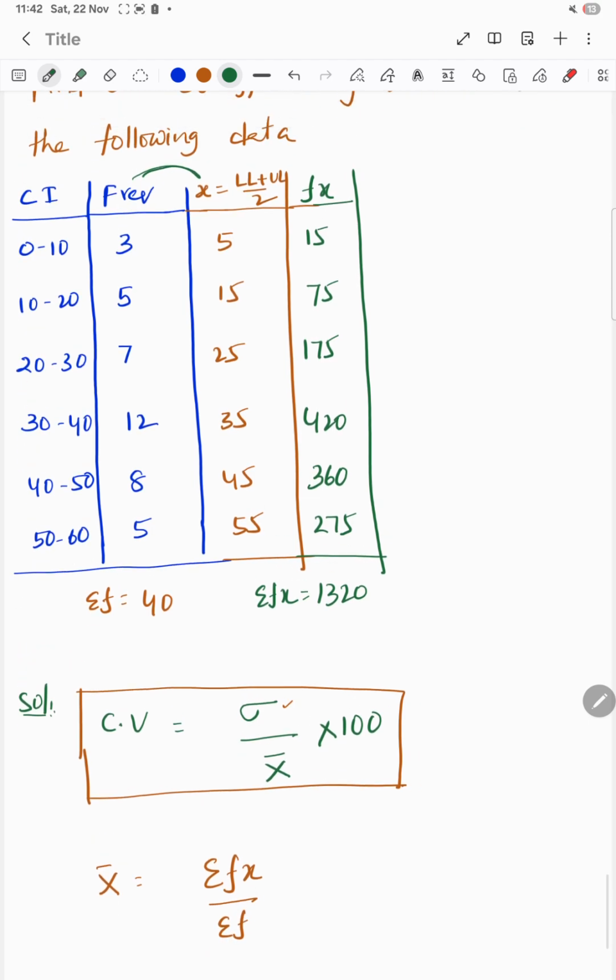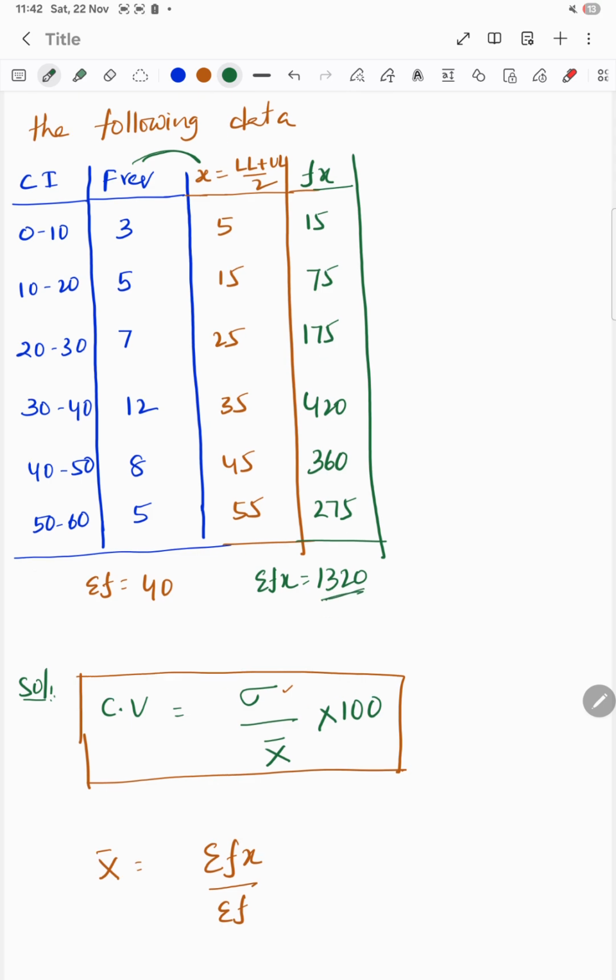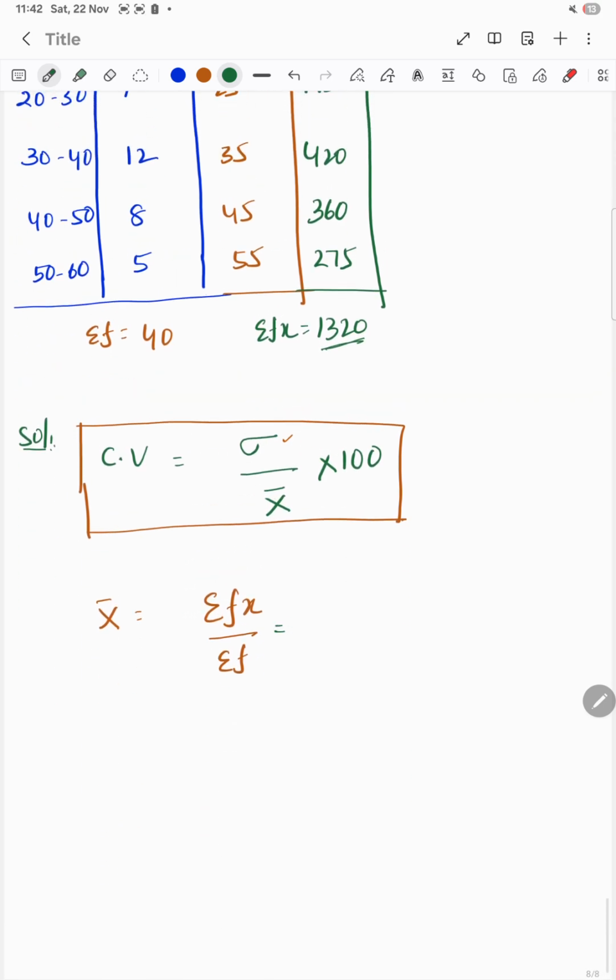But I want summation of all these f into x values, so I have added all these f into x values. I got 1320. So let's substitute f into x value, that is 1320, divided by summation of f means 40. So 1320 divided by 40 will give you 33. So 33 is our arithmetic mean.